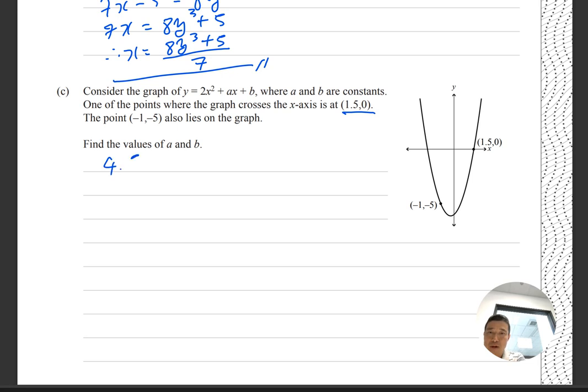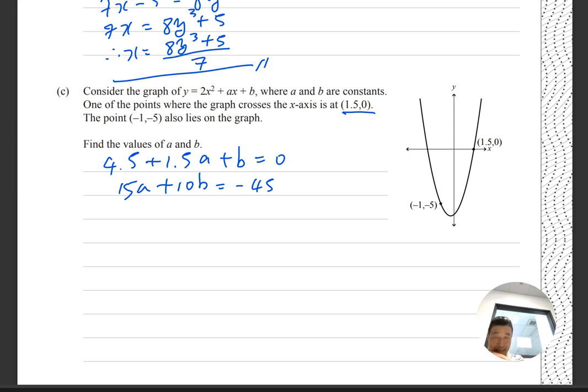So 4.5 plus 1.5a plus b equals 0, right? So I'm going to simplify this. That becomes 15a plus 10b equals minus 45, right? So what I did is I shifted the 4.5 the other side and times by 10 on both sides.